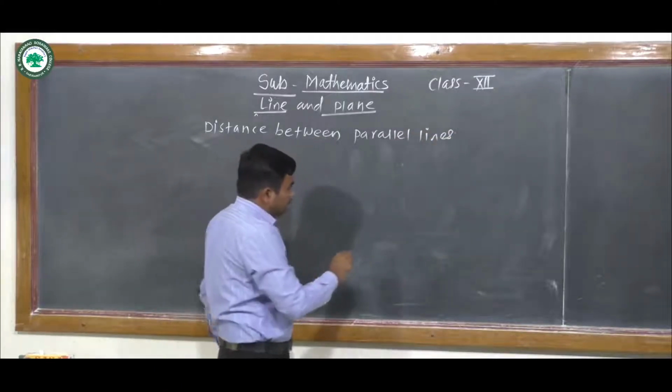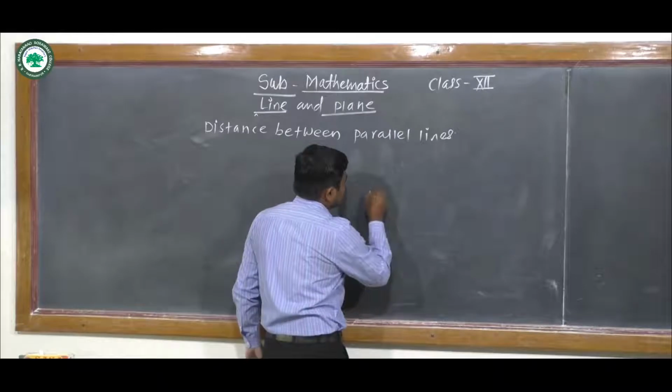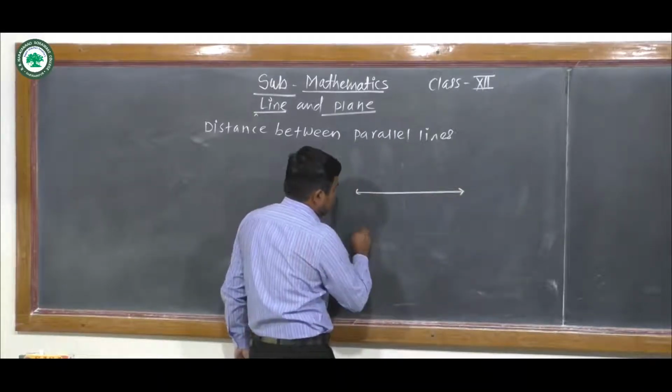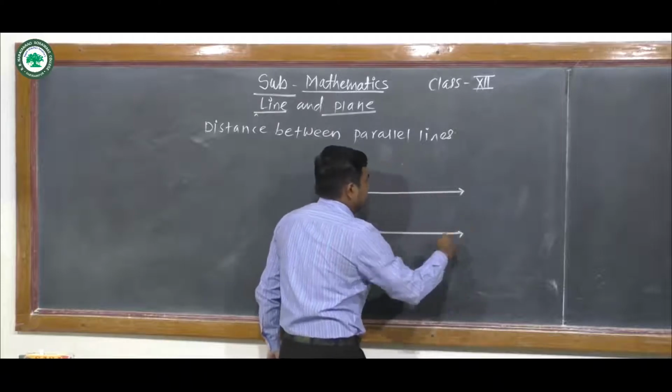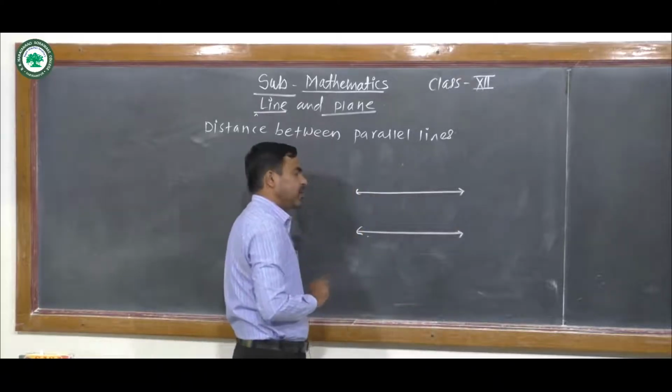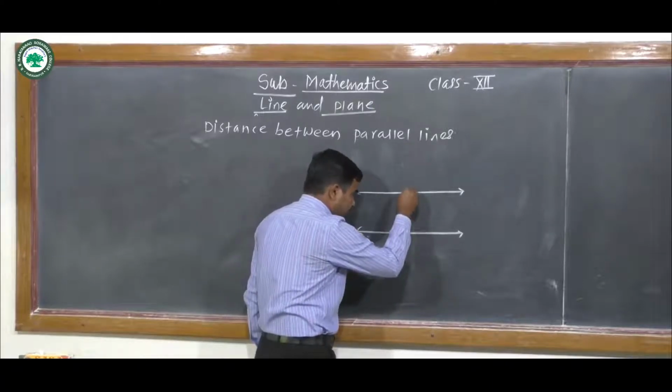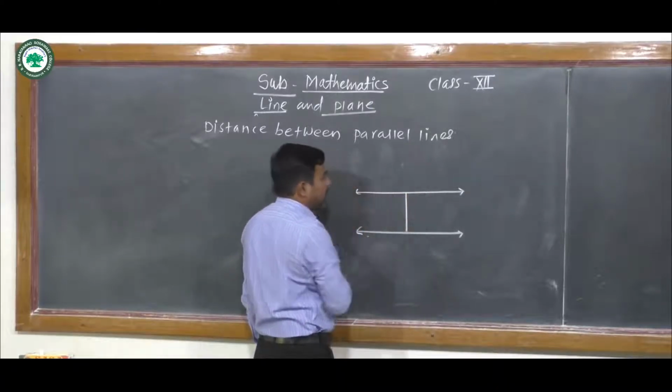See, we have two lines. This is line L1 and this is line L2. These two lines are parallel. Then the shortest distance between these two lines is nothing but this perpendicular distance.